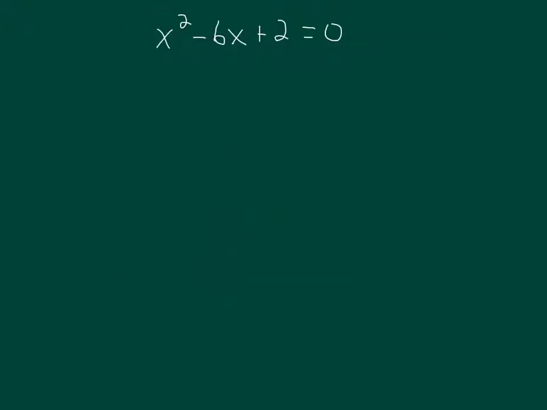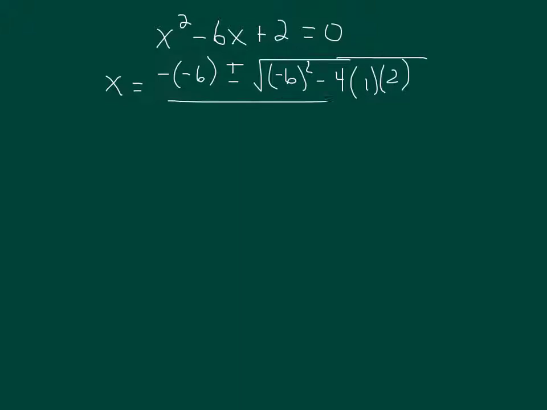Okay, next problem. X squared minus 6x plus 2 equals 0. All right, so let's plug it in. X equals negative b. B is negative 6, so we got negative negative 6 plus or minus the square root of negative 6 squared minus 4 times a, which is 1, times c, which is 2, all over 2 times a, which is 1.